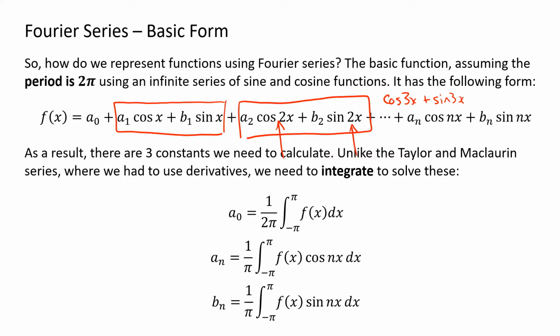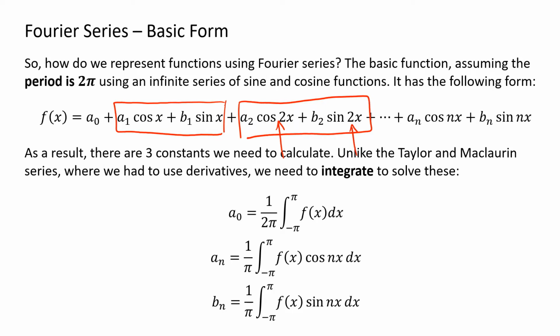All the way to the end, again, for an infinite series, to a_n, which is the constant behind it, cosine of nx plus b_n sine of nx. So you're continuing to add these groups of sine and cosine together. And just like when we've done Taylor and Maclaurin series, I'm not expecting you to keep finding these terms.